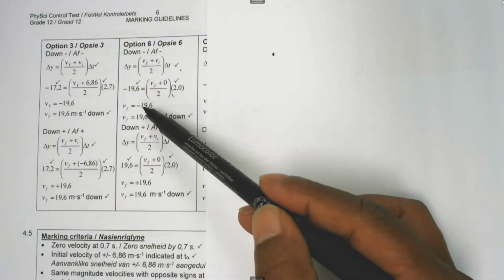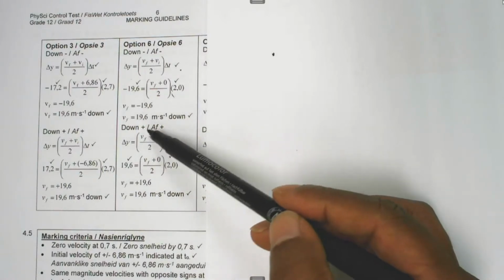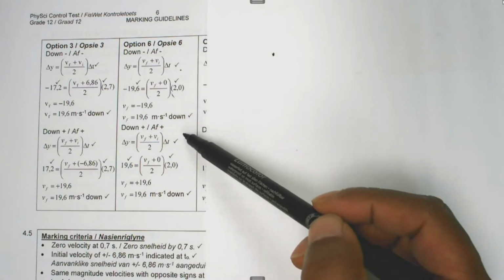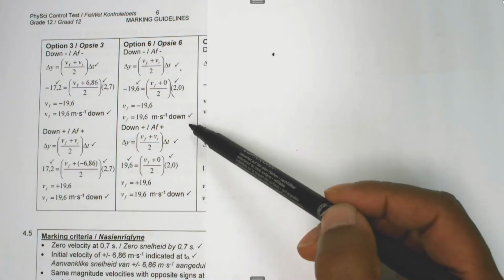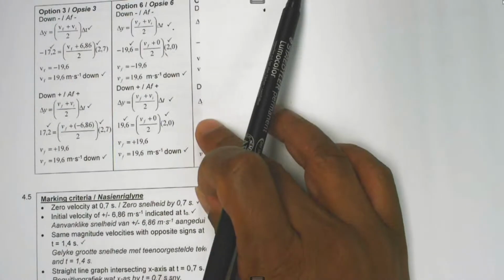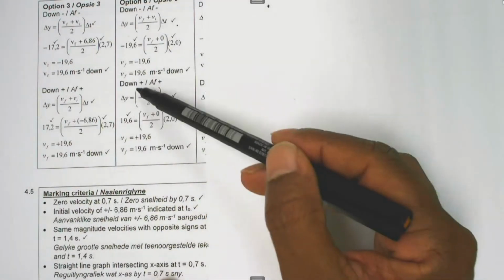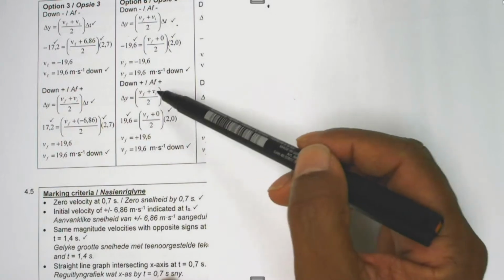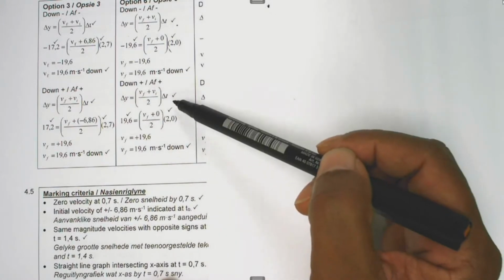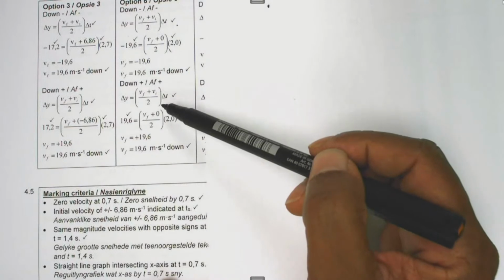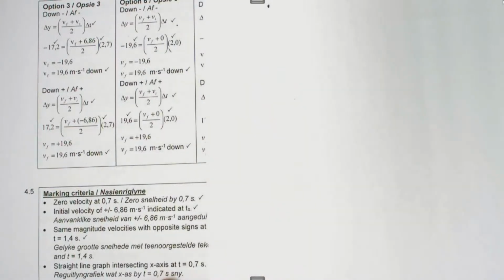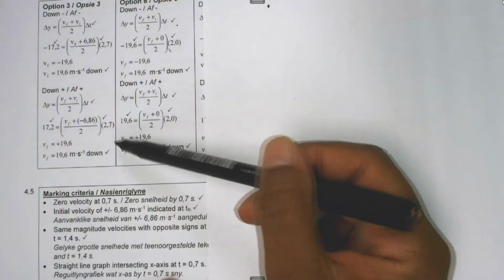What does negative mean? It means it is going to be 19.6 meters per second and it is going to go downwards. Okay, and then from there we have downwards as positive for the same formula, delta y equals V final plus V initial over 2 multiplied by delta t. What do we have now? The displacement is now going down, but down we are taking as positive.